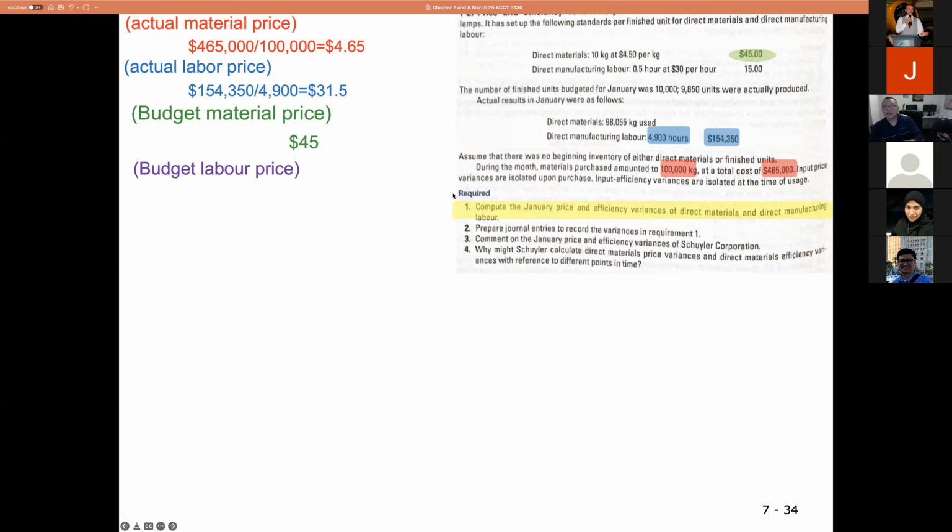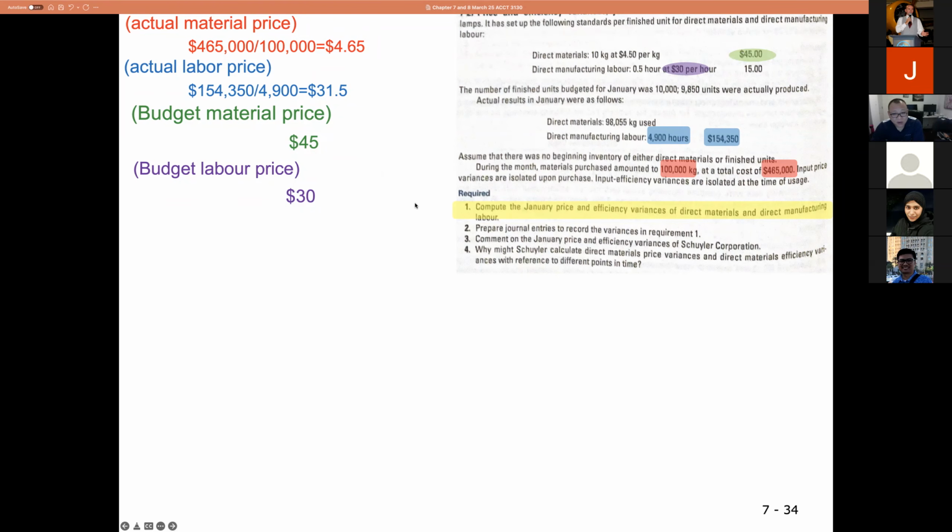Yeah, very good. So $30 per hour, and for each lamp it is 15, right? You know this is the budget. Why do you know this is the budget? You see, it has set up the following standard per finished unit. So the following standard tells me this is the budget.